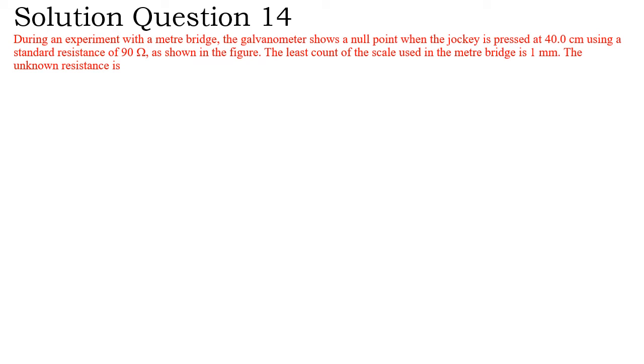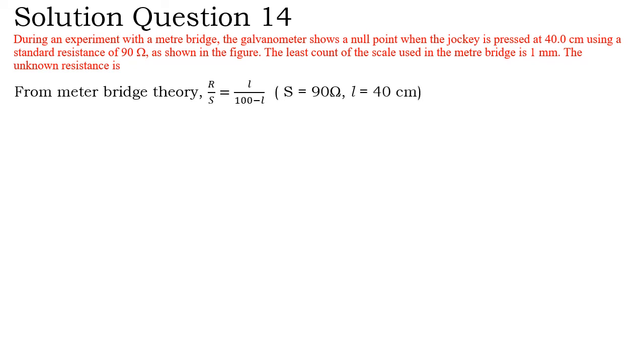Now let us recall the meter bridge theory here. From meter bridge theory we know that R by S is equal to L by 100 minus L, and here S is given as 90 ohm and the balancing length is given as 40 centimeter. So accordingly I can write R is equal to 90 into 40 by 100 minus 40, which works out to be 60 ohm.